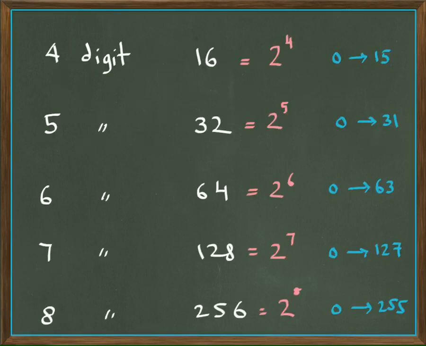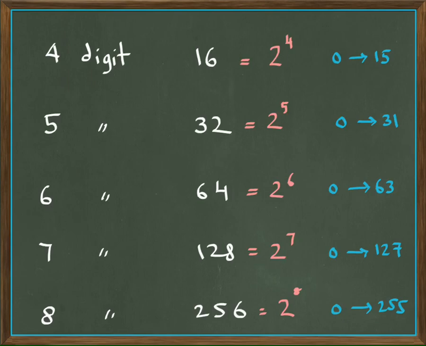That means if I look at this table, there are 16 possibilities for a 4-digit number, 32 possibilities for a 5-digit, 64 for a 6-digit number, 128 for a 7-digit number, and 256 for an 8-digit binary number. That means if I focus on the 4-bit number, the decimal value would range from 0 till 15, which we will see in a short while.